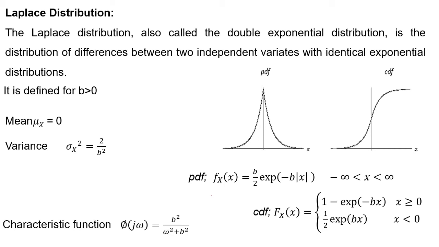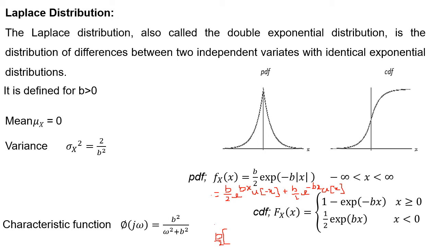This can be written as (b/2) e^(bx) u(-x) plus (b/2) e^(-bx) u(x). Now when you want to get the CDF, the common factor is b/2, take it out.